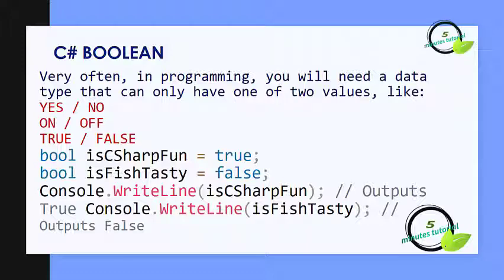Here is an example: bool isCSharpFun equal to true, and bool isCSharpTasty equal to false. When we print isCSharpFun, it will return true, and when we print isCSharpTasty, it will return false.